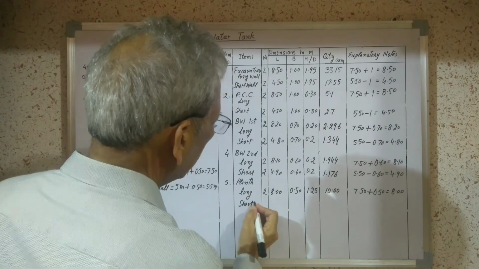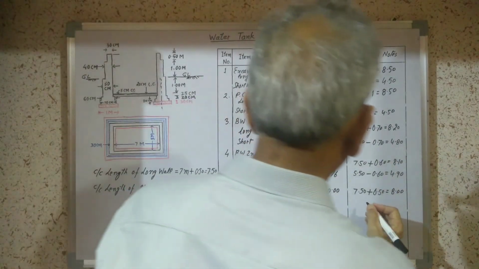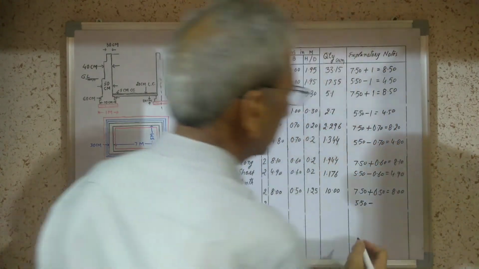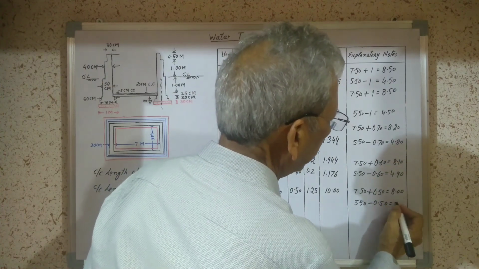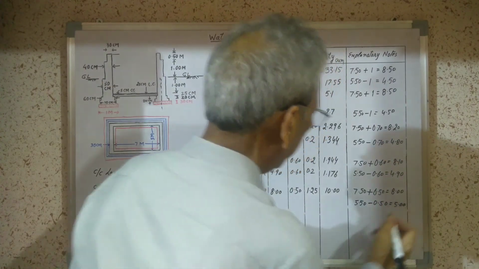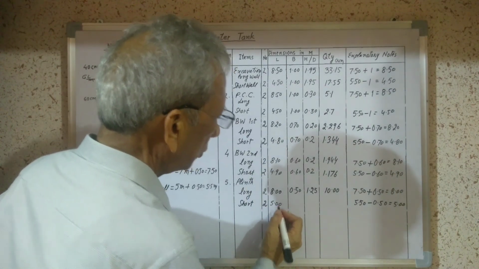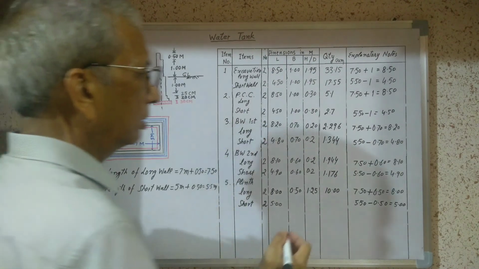Now short wall. 2 number of short wall. The length will be 5.5 minus 0.5. It will be 5. Now we will write here 5, the length of the short wall as far as plinth beam is concerned.